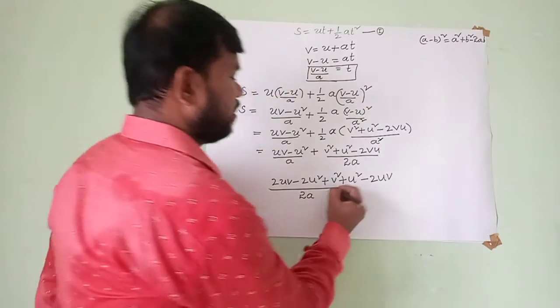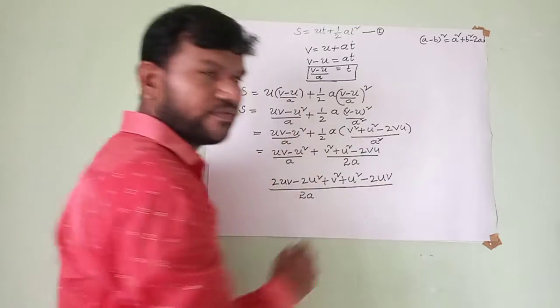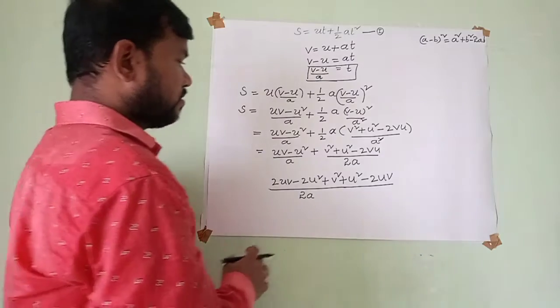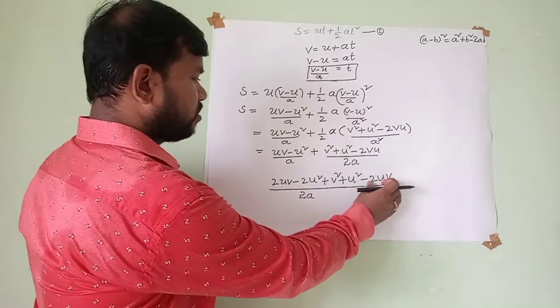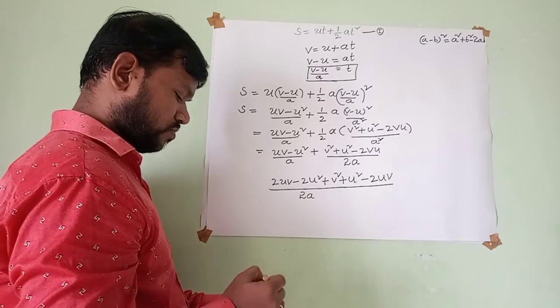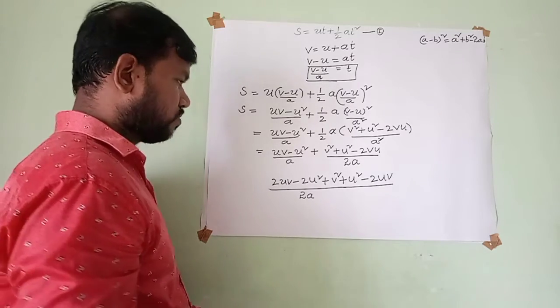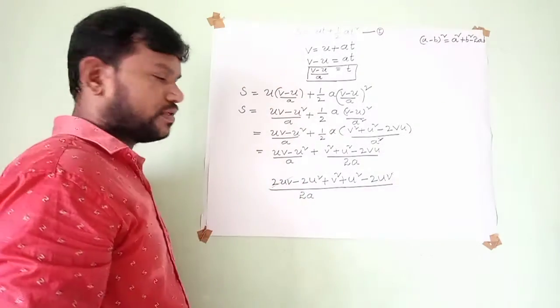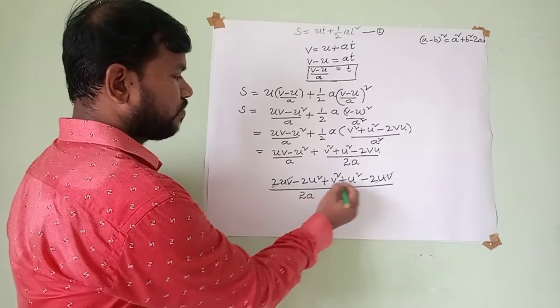You can write it as anything, uv or vu. I have written. See students, minus 2uv plus 2uv cancel. Minus 2u square plus u square.